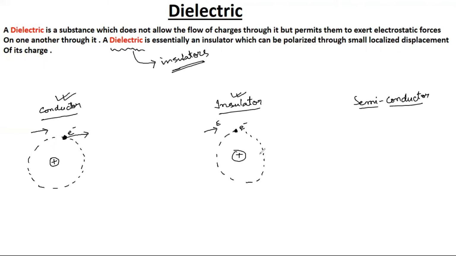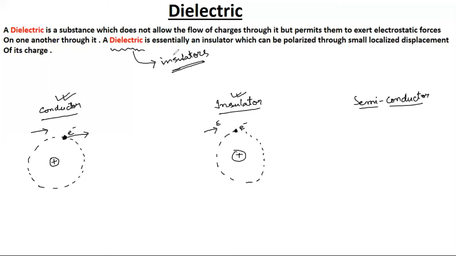Here also we are not seeing any flow of electrons, the way we see it in conductors, where electrons move from one point to another. But in case of insulator or dielectric substances, there is no movement of electrons from one point to another, but there is a little displacement of electrons inside the atom only. They don't come out from the atom, but inside the atom they show little movement.